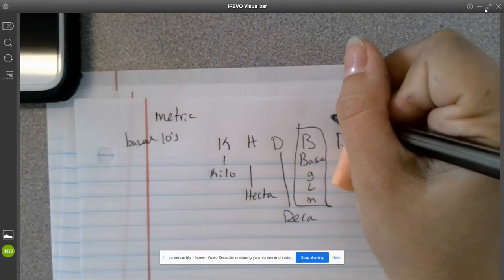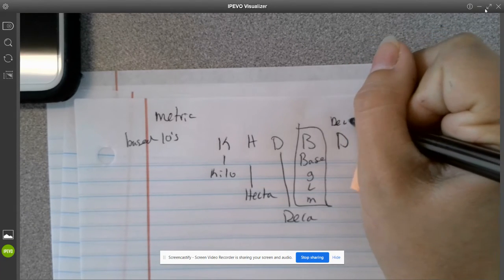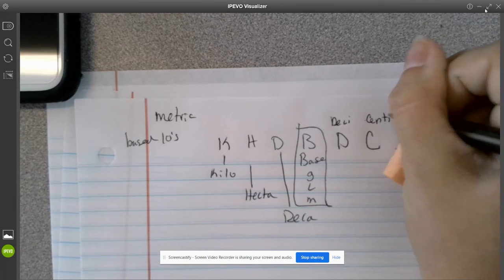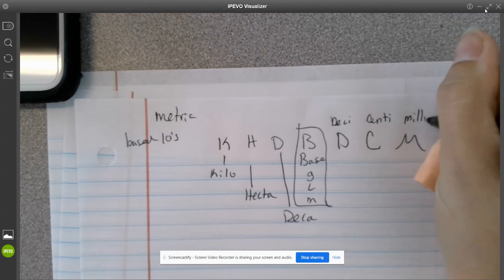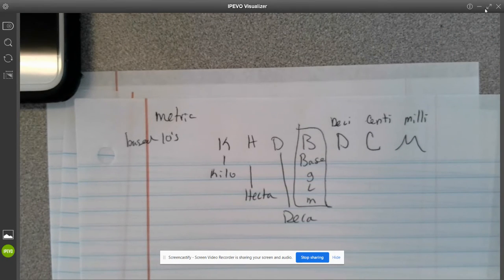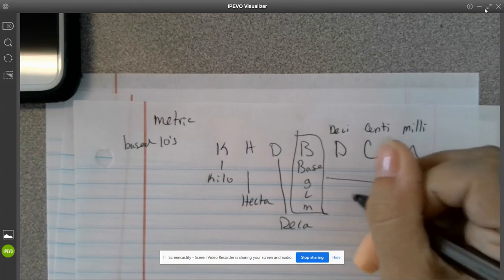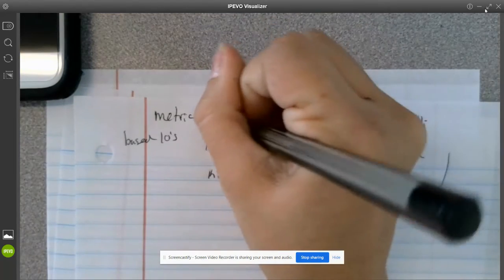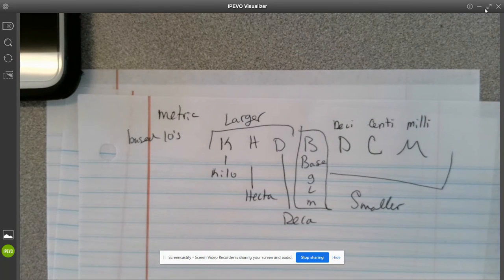On this side here, on the right side, D will stand for deci, centi, or milli. Your right side is generally your smaller units. The left side is generally your larger unit.